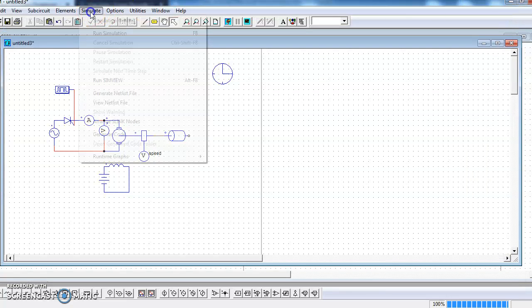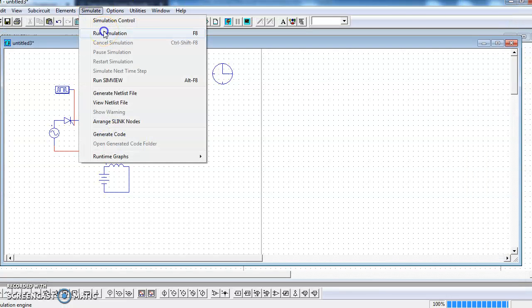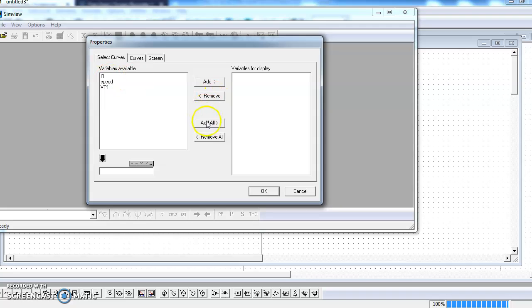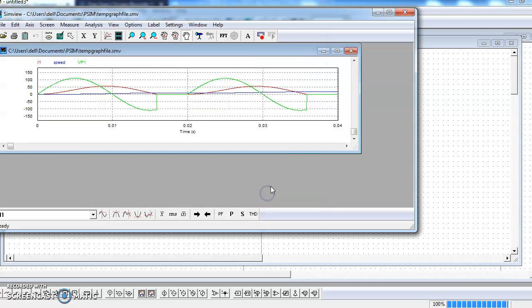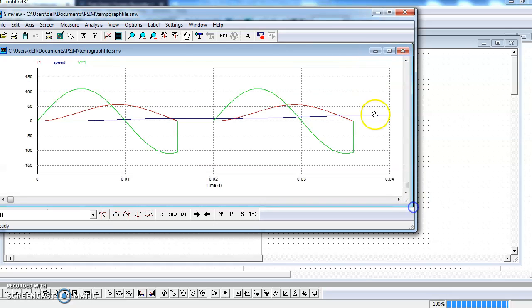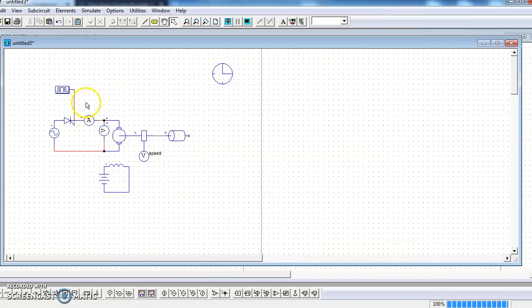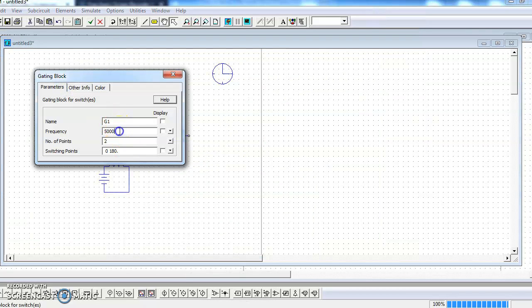Just a minute. Okay, one thing is missing. Regarding the gate signal, we have not seen these parameters. The frequency of the gating block should be the frequency of the input voltage.